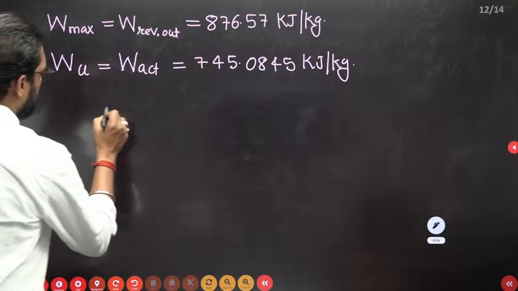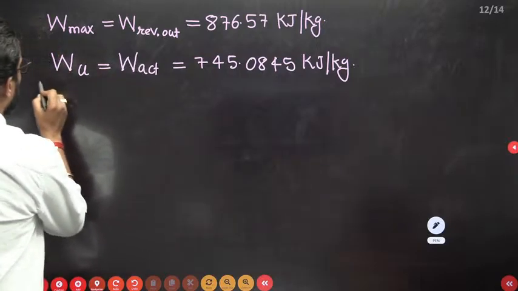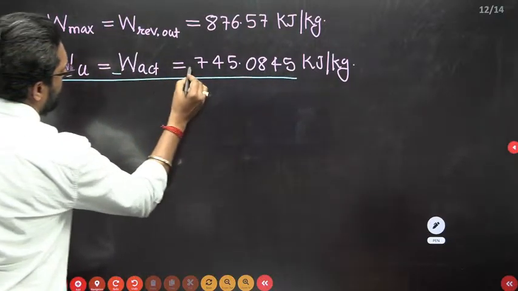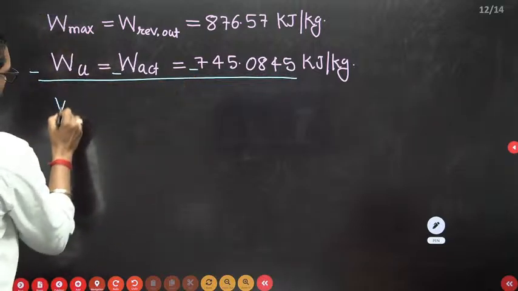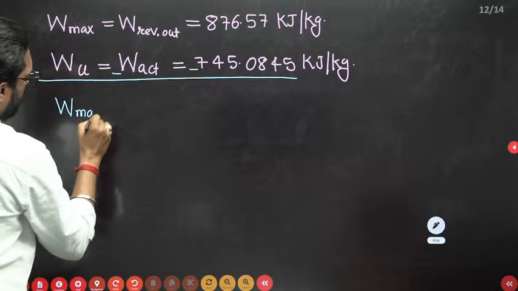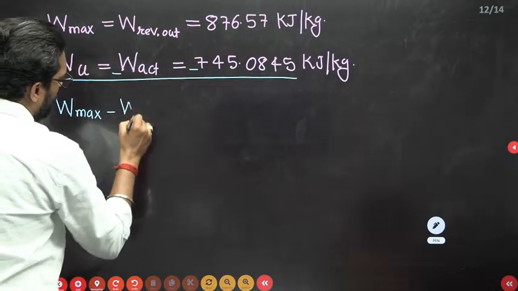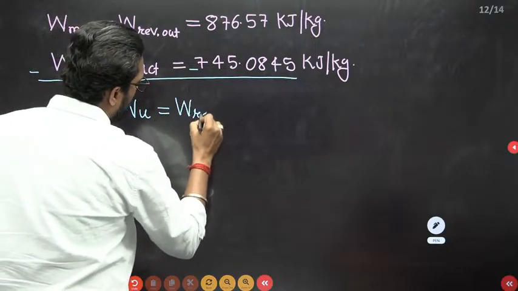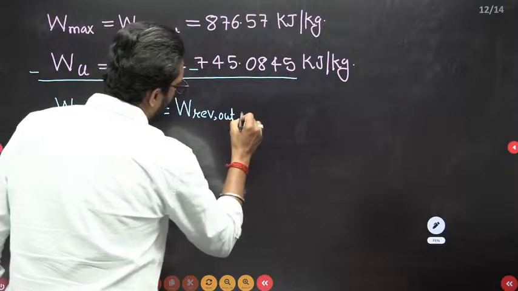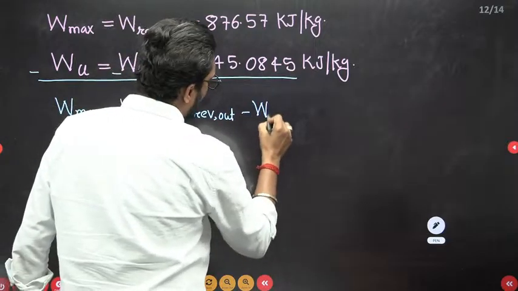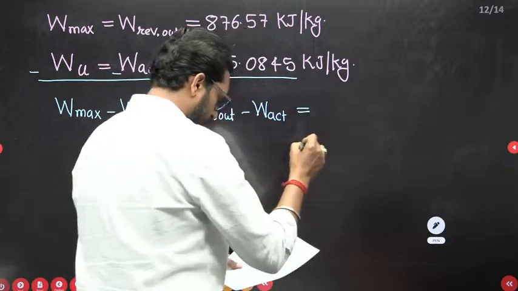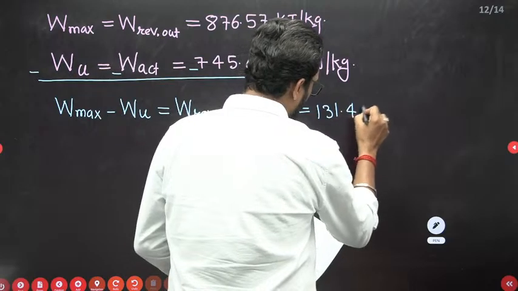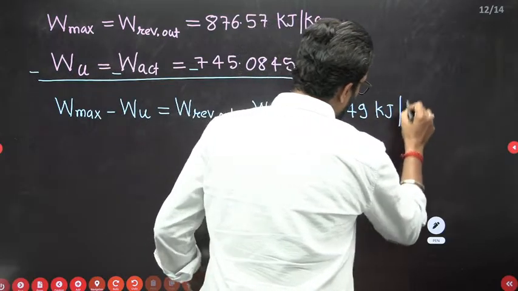Now, if you take the difference between these two, that is work maximum minus work useful, or work reversible out minus work actual, this is how much? 131.49 kilojoule per kg.